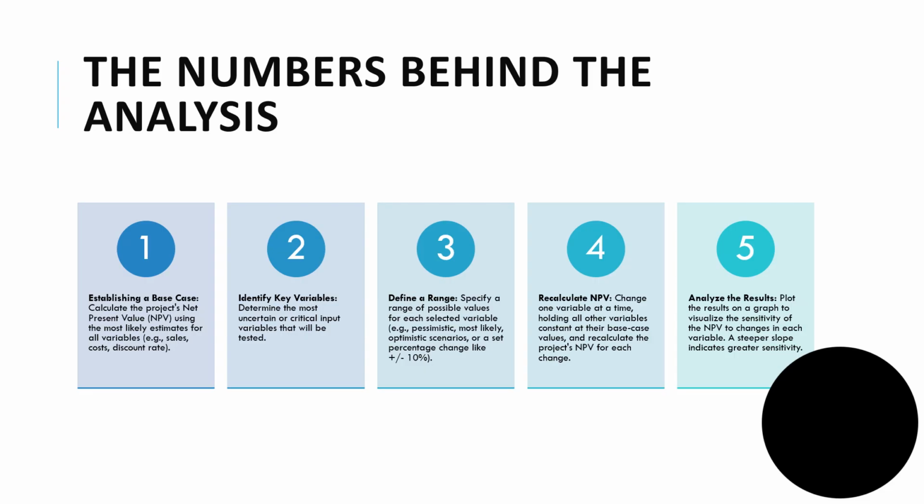We then recalculate the NPV for each of those scenarios, changing only one variable at a time while keeping everything else constant. Finally, we analyze the results. The variables that cause the largest swing in NPV are the ones we need to manage most closely.